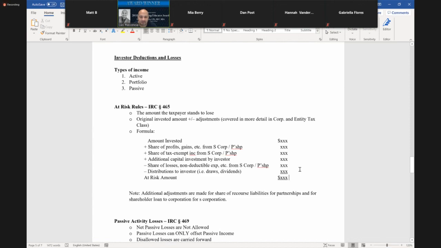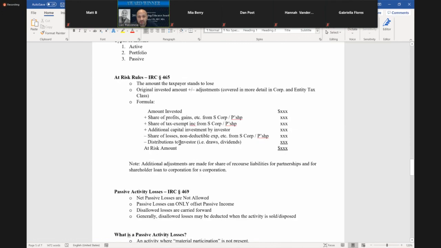Now, what I want you to note for this particular rule, there are additional amounts that can be increased by the share of recourse liability for partners in a partnership, and it can also be increased for a shareholder loan for an S corporation. So it depends on the circumstance. But what I want you to get out of it is, if I put in $1,000, that's the most I can lose, then that's the most I can deduct under this rule, section 465.